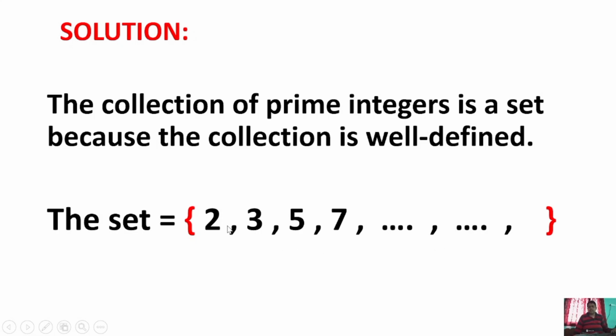Here the set is 2, 3, 5, 7, and so on. It is an infinite set and its elements are well defined. So the collection of prime integers is also a set, because the collection is well defined.